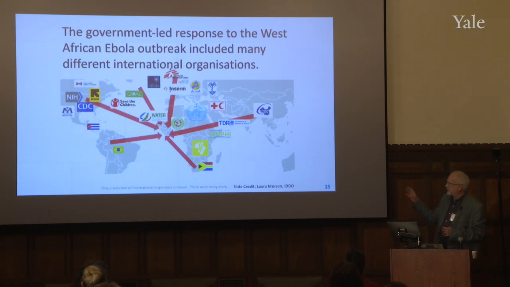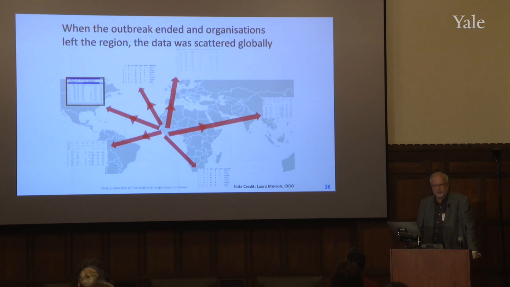This just shows a tiny fraction of the various agencies and organizations that were involved in responding to the West African Ebola outbreak. It was great that all of these organizations stepped up to the plate and brought all their forces to bear, but what happened afterwards? This is what we see.